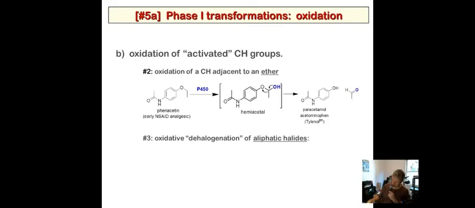All right, so what about oxidative dehalogenation of aliphatic halides? So this is a case where we have halothane. It's a volatile anesthetic. It's one of these gaseous anesthetic drugs that people take maybe during surgery.